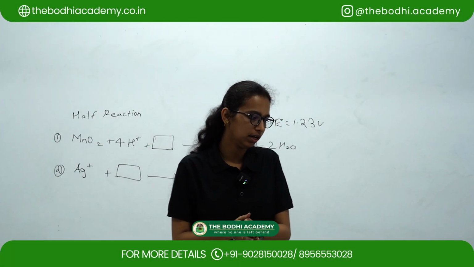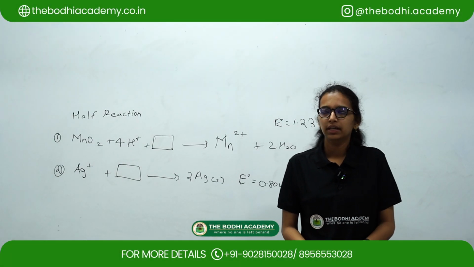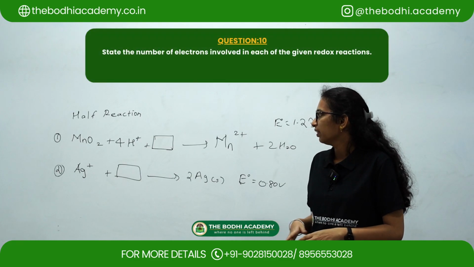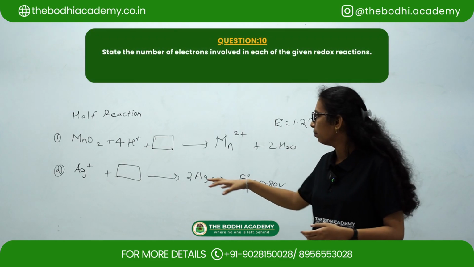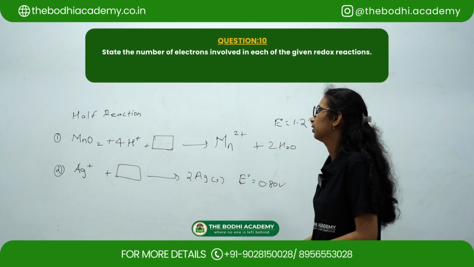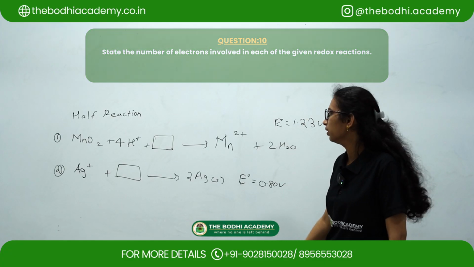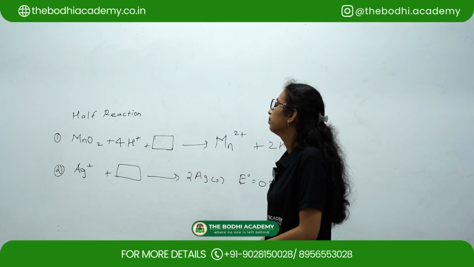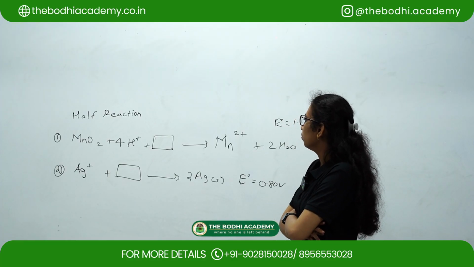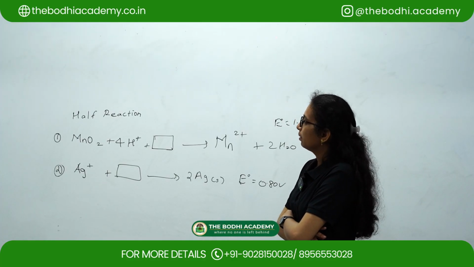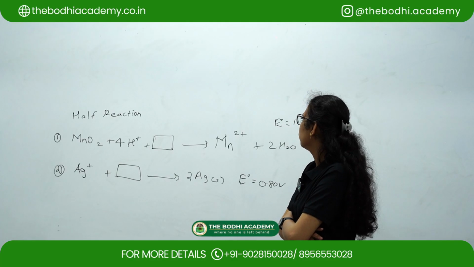Okay, we'll start with the next question. It is very simple. They just asked how many electrons are involved in this reaction. The reaction is given, only the number of electrons you are supposed to write. MnO2 plus 4H plus, see, Mn is undergoing what?